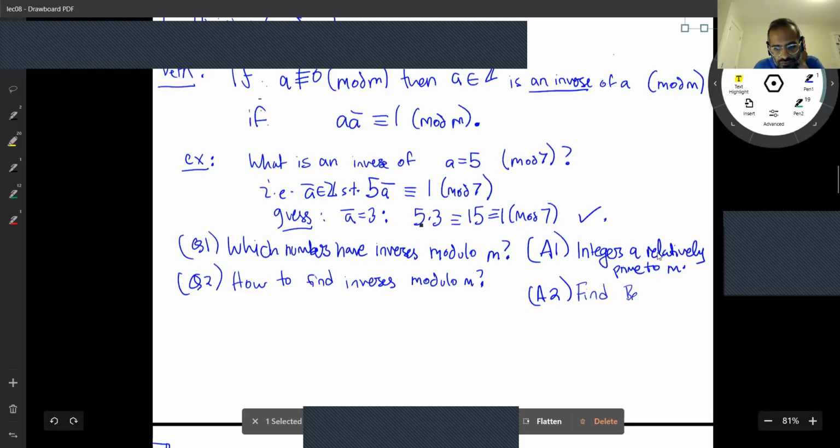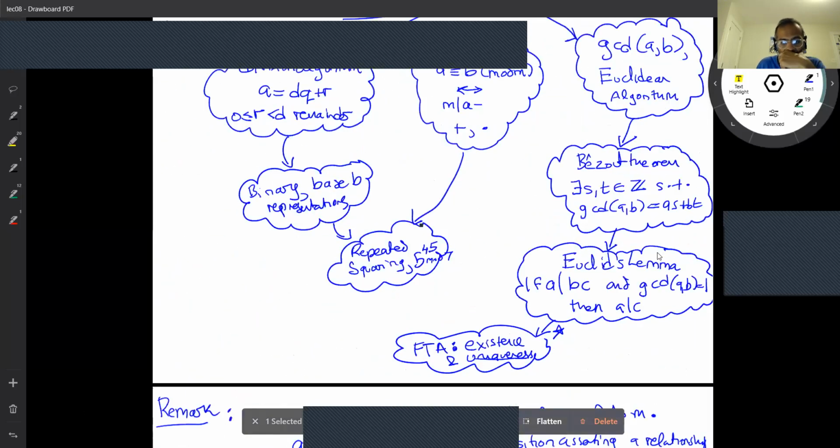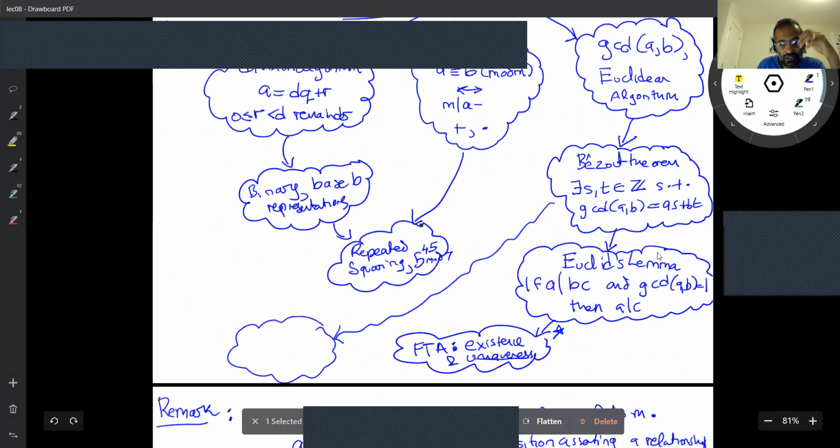So find a Bézout coefficient, S specifically, via the Euclidean algorithm. You'll have several computational homework problems where you do this. So now we add one more thing to our little cartoon here. Bézout's theorem also gave me this characterization of division modulo m.